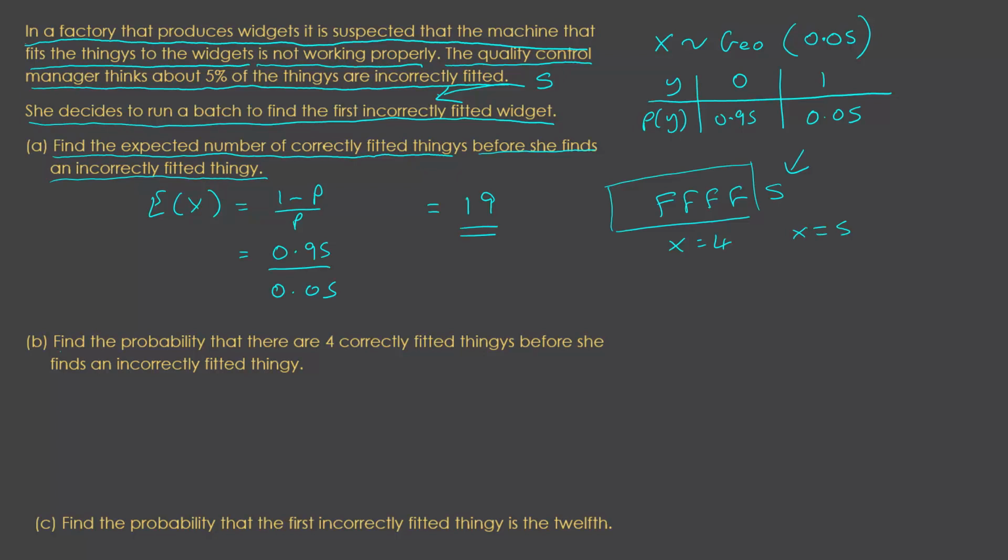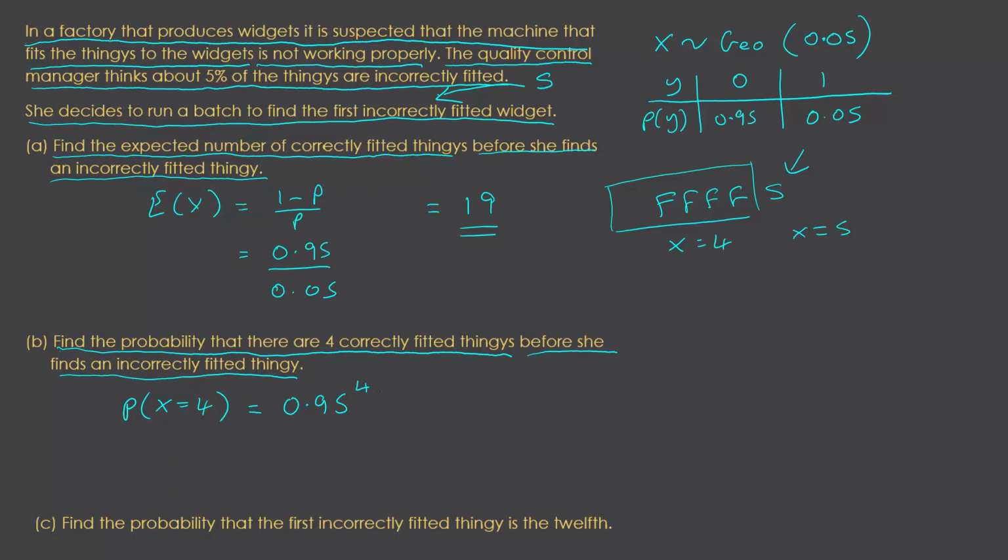So if we move on, find the probability that there are 4 correctly fitted thingies before she finds an incorrectly fitted thingy. So as far as we're concerned, we're calling that x equals 4 because we've got 4 correctly fitted ones first, 4 failures first. And for us, that is 0.95 to the power 4.